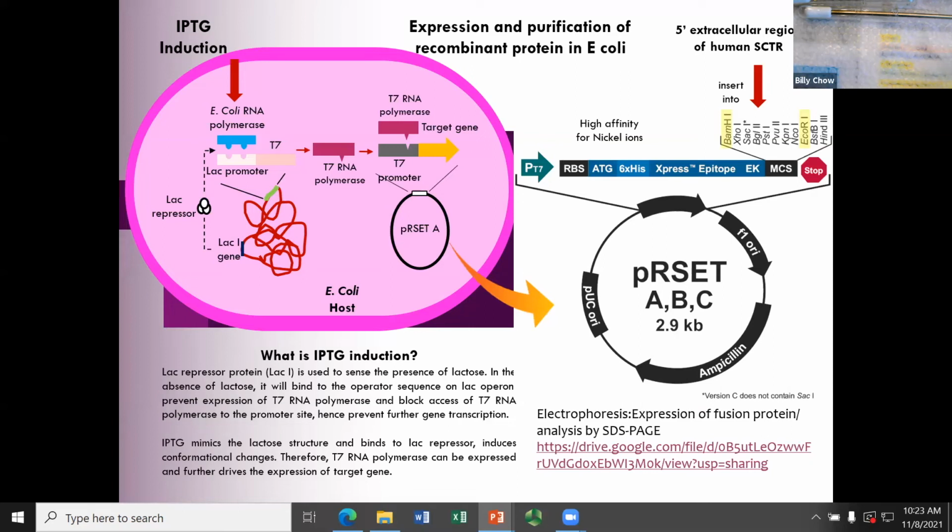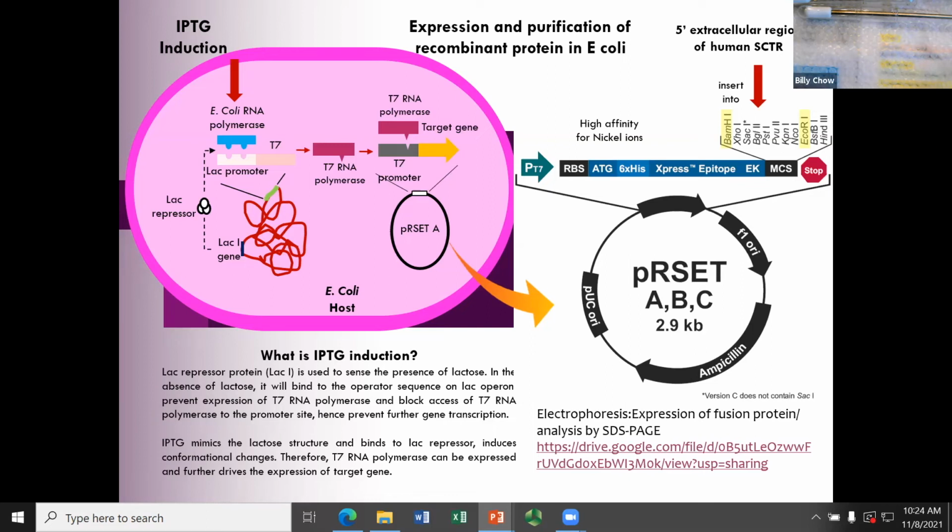So we will have a stretch of DNA that corresponds to the 5' extracellular domain of the human secretin receptor. So it's a small part of the receptor. It's about 120-some amino acids long. So about 300 to 400 base pairs of DNA. At the 5' end of this DNA, it is cut with BamH1. At the 3' end of this DNA, it is cut with EcoR1.